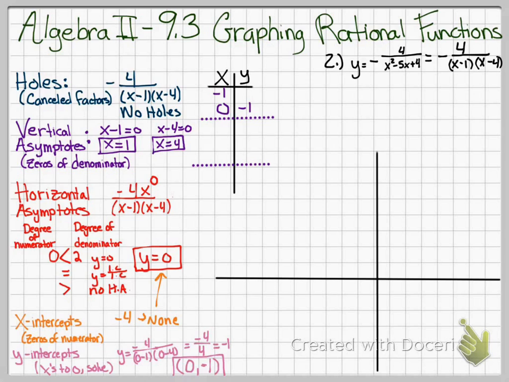Between 1 and 4, we might pick 2, or maybe even something that gets us really close to 1 but isn't 1. Maybe 1.5, maybe 3, and maybe 2, and maybe 3.5. So we get really close to those asymptotes. Do you have to pick decimals?